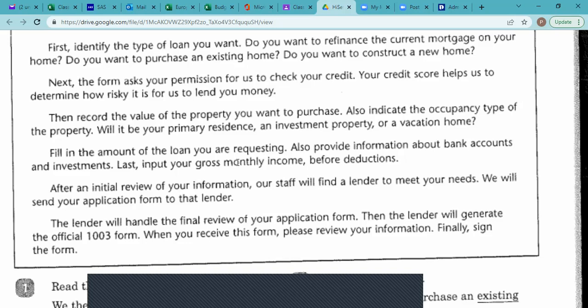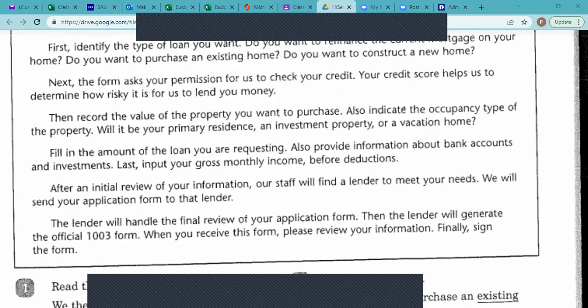The lender will handle the final review of your application form. Then the lender will generate the official 1003 form. When you receive this form, please review your information. Finally, sign the form.